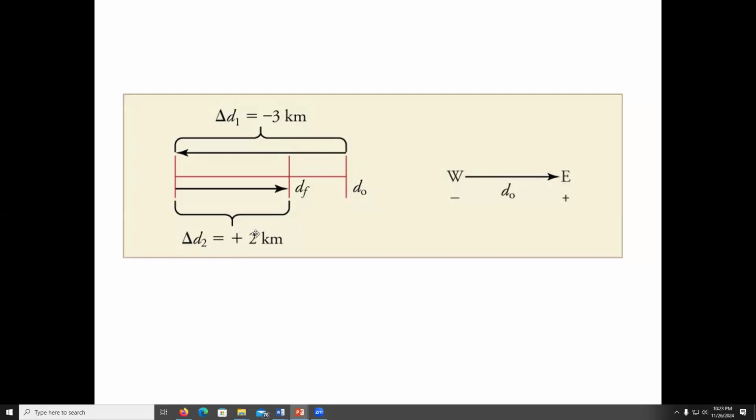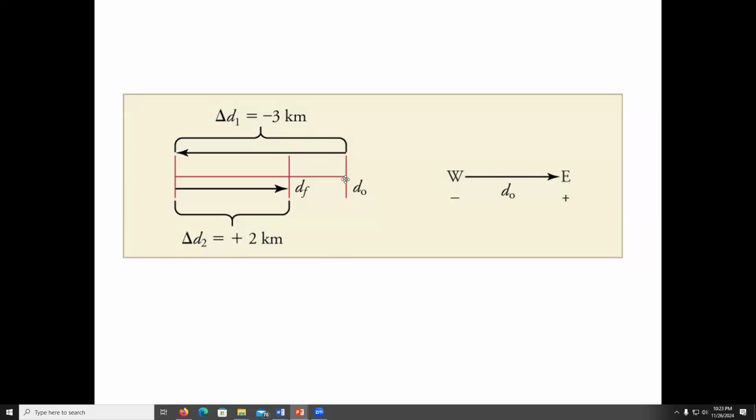So they went +2. So now, what is the distance? Well, the distance was 3 kilometers to the west, 2 kilometers to the east. That's 5 kilometers. But for the displacement, d naught is my position, so that's a 0. My final position is here.